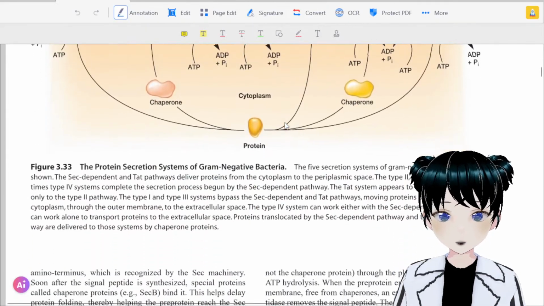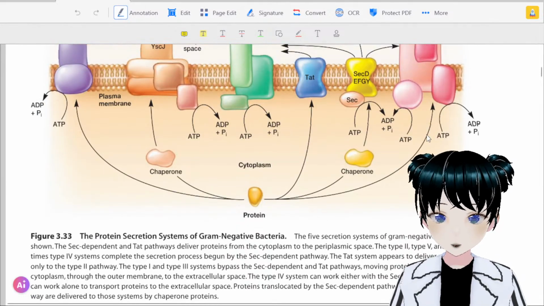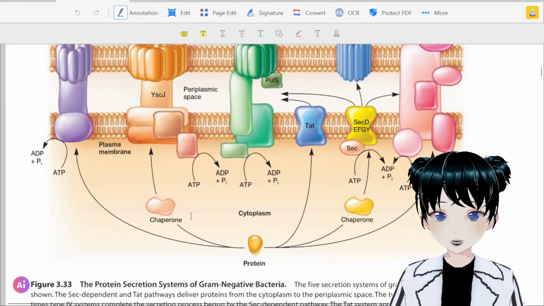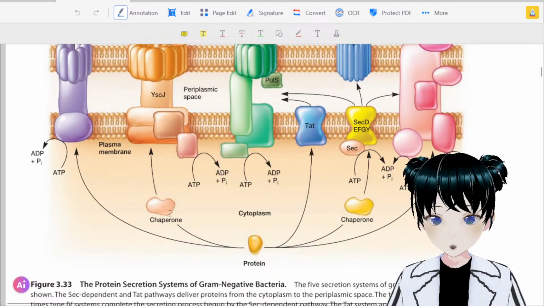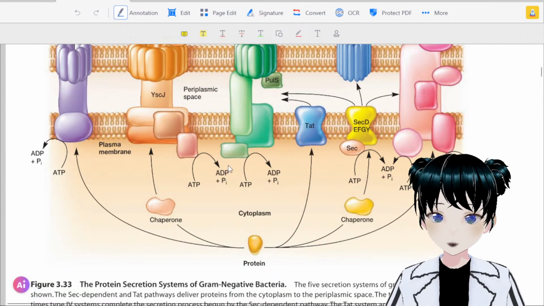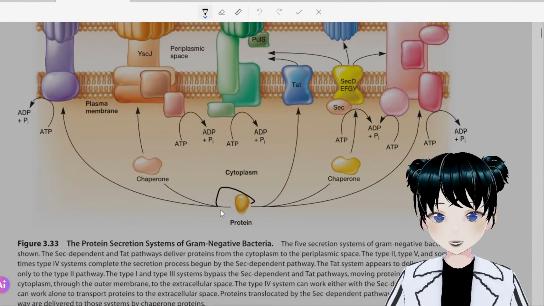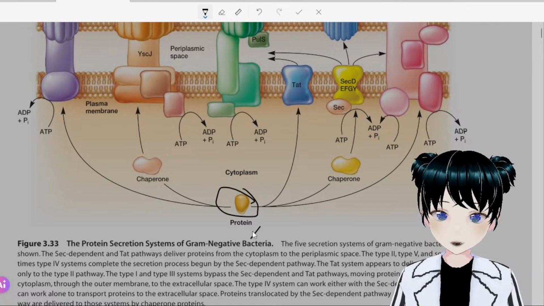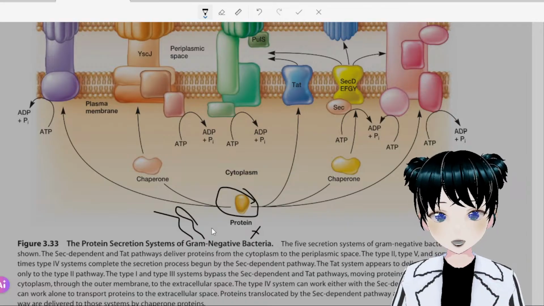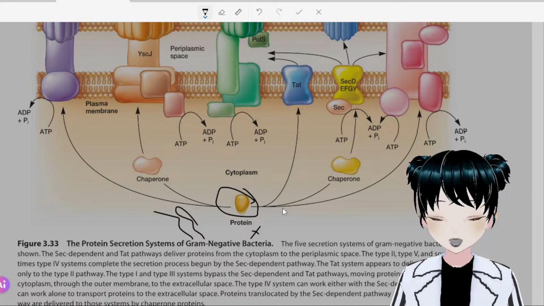Now what? The protein goes into chaperones, or it doesn't go into them. It depends on whether you want your protein to be folded or not. Like here, in this case, this is still a pre-protein, meaning it is not mature and it is in its linear form, where it is not yet folded and bonded. Now there are two types of chaperone proteins.